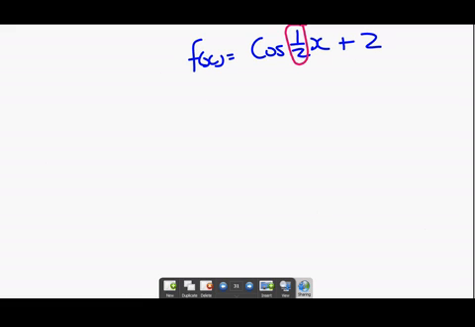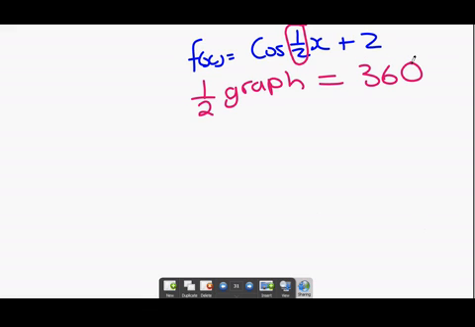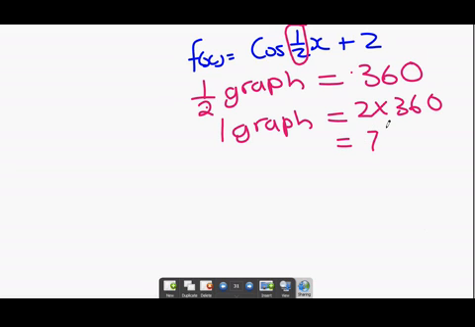So in this case, it's going to be half a graph will give us 360. Always that number tells you how many graphs will give you 360. So if I want to get a full graph, that means the 2 will come and multiply. There will be 2 times 360, and this will give us 720.